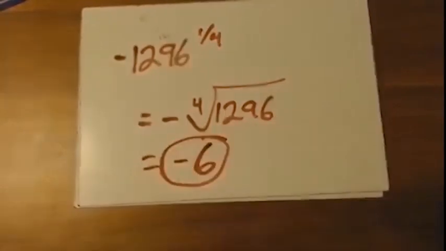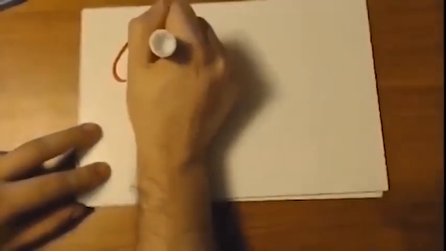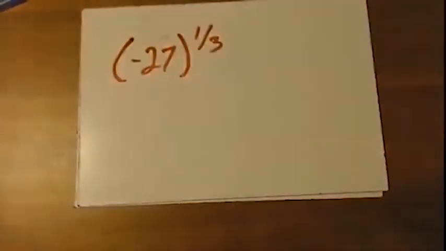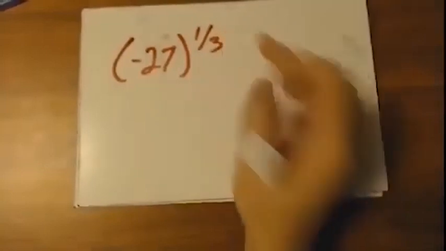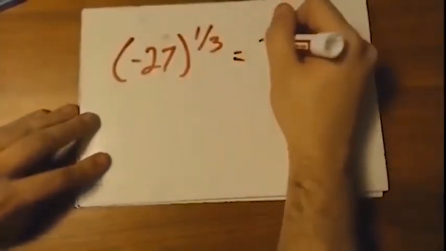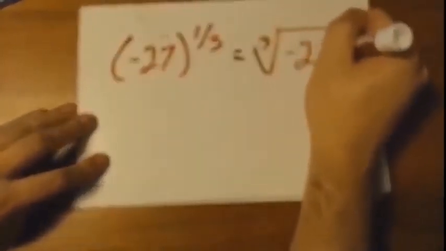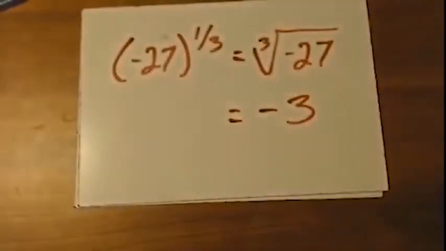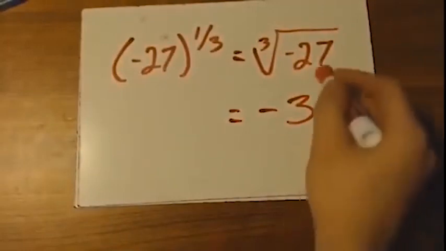So this is negative 6. G. In G, the parentheses are back. The negative is inside the parentheses, but we can do it this time because it's an odd root. This is the cube root of negative 27, which is negative 3. Negative 3 times negative 3 is positive 9 times negative 3 gives us negative 27.